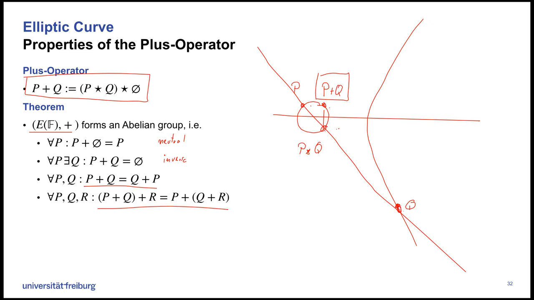So for addition, this is straightforward. But for this operation, it's hard to prove. And the whole thing about elliptic curves is that they found some kind of operation where these properties hold. They looked in the literature, and actually the mathematicians came up with these properties before.